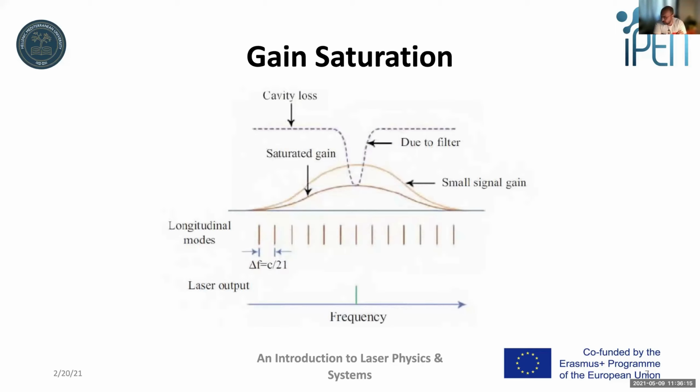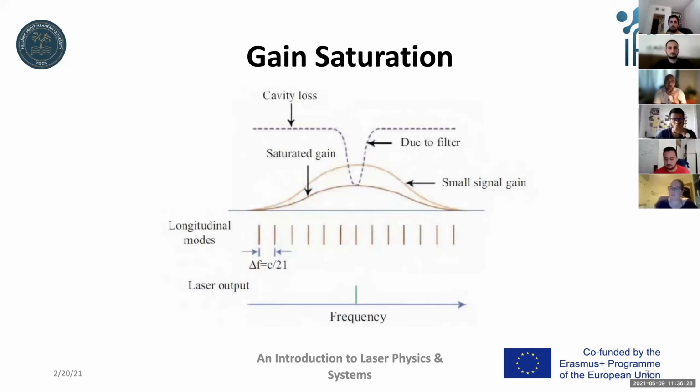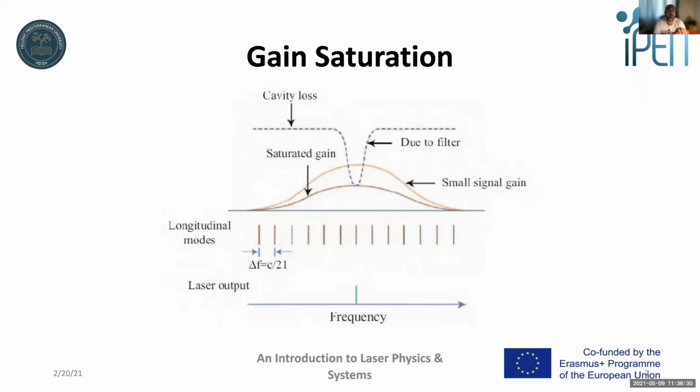There are lasers that emit in just one frequency, and this comes at the expense of this saturation effect: the gain is saturated to the threshold value, and at threshold we have just one frequency, and all the other frequencies that our material supports, and at the same time our cavity supports, are going to be below the threshold, and they are not going to appear in our output.